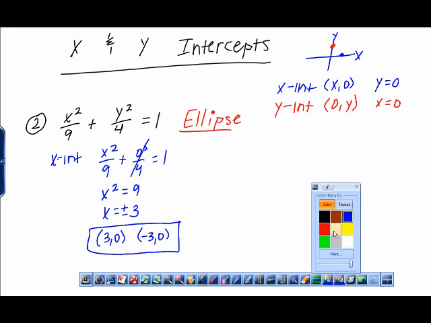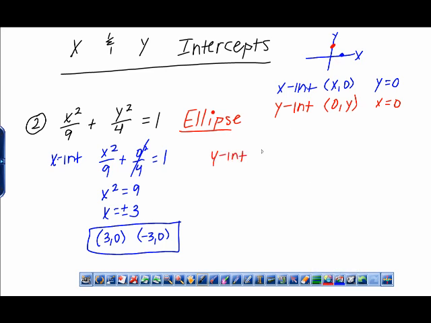Okay, now let's do the y-intercept. There's probably going to be 2 of those. So this is where we set x equal to 0. Again, we didn't really have to write that first thing because it's going to cancel. And then I have y squared over 4 equals 1. So this is the same as y squared equals 4.